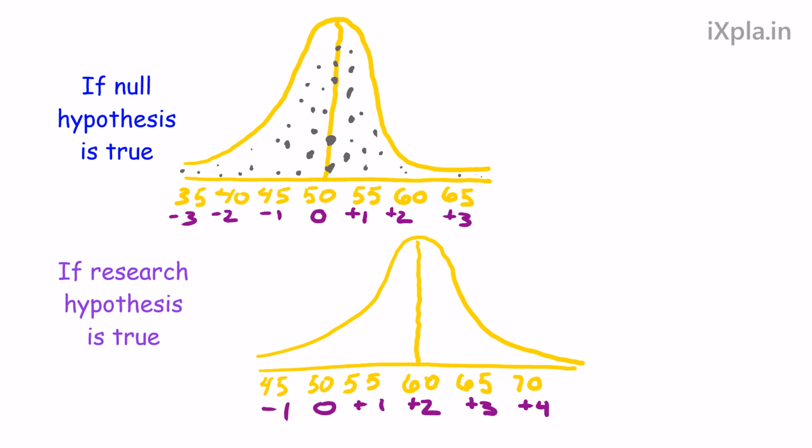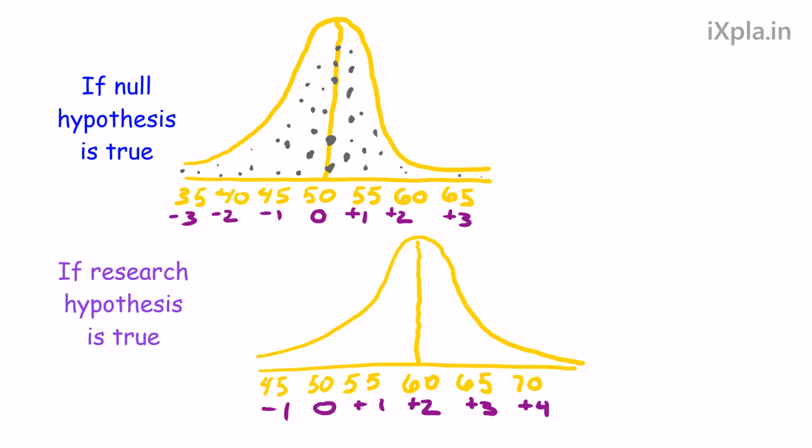We started the test with the score of people being 50, but then the treatment changed people's scores. It moved the center of the distribution from 50 to 60 because the treatment actually increased people's scores.